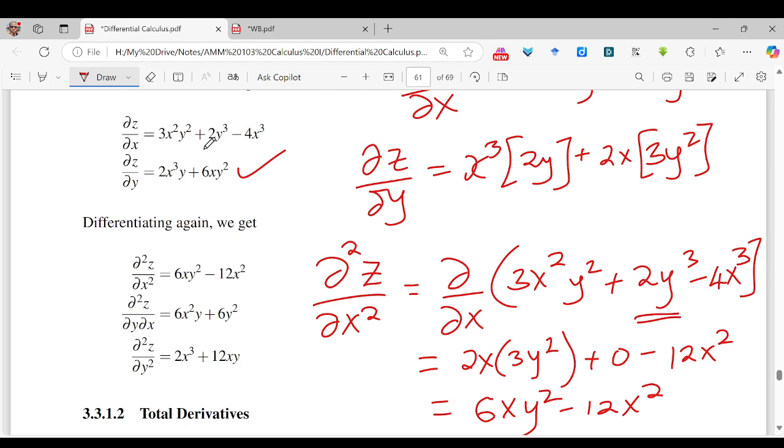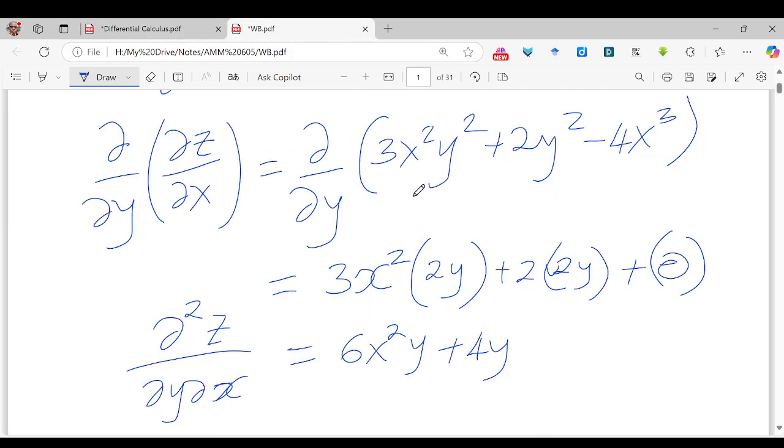Sorry, the second term was 2y cubed, not 2y squared. So when we differentiate y cubed here, we get 3y squared.